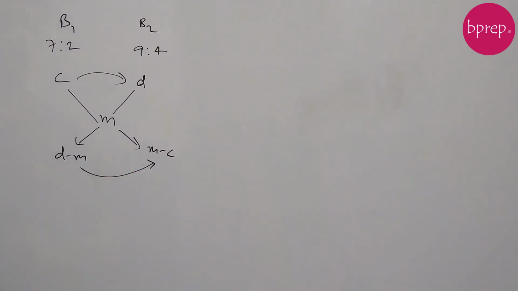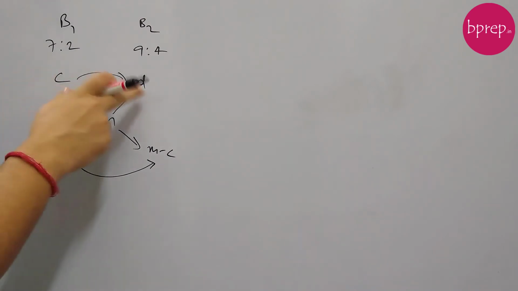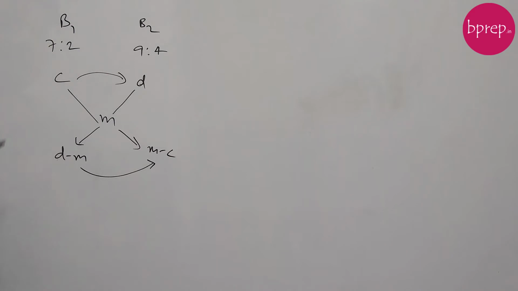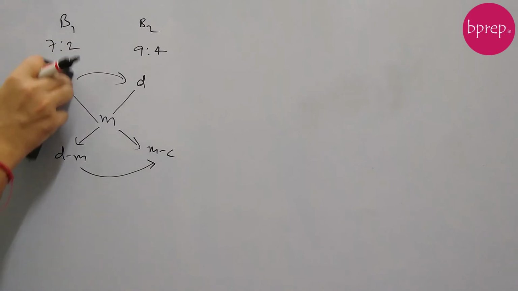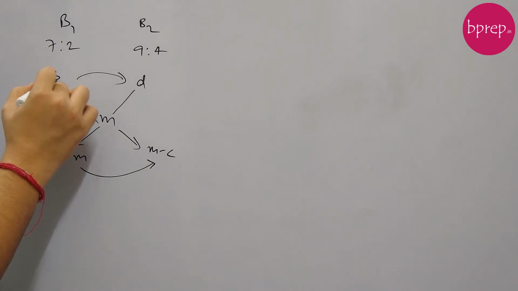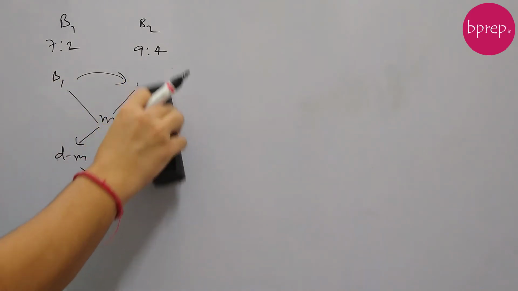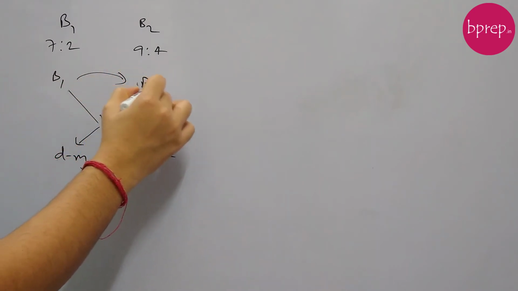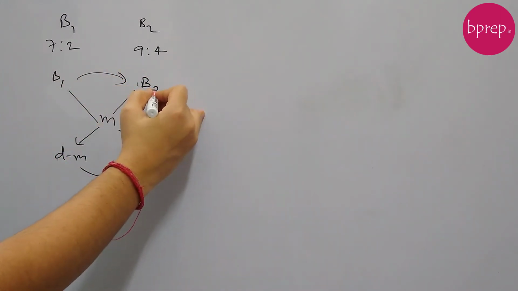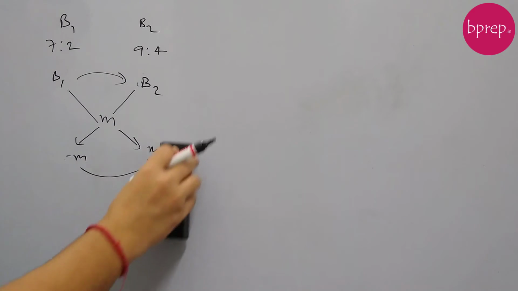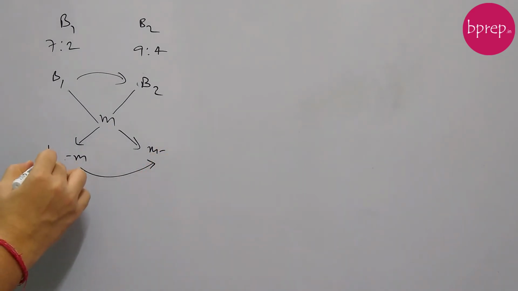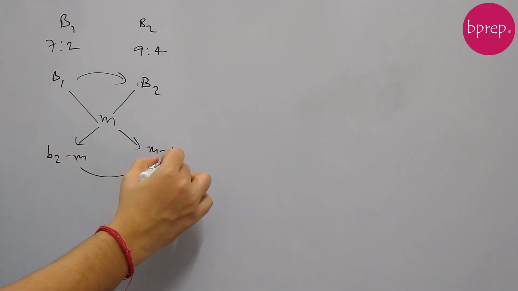Now what do we have here? Instead of c and d, cheaper and dearer material, we can say bottle 1 instead of c, and bottle 2 instead of d. In the same way, instead of d and c we can say bottle 2 and bottle 1.